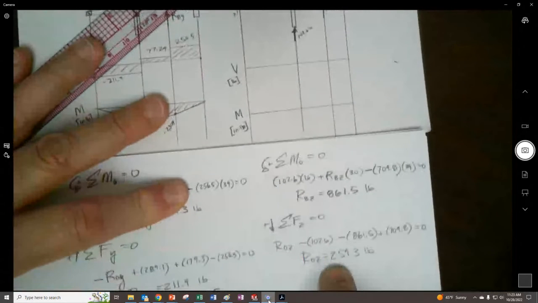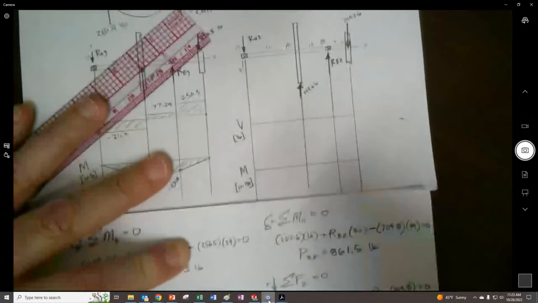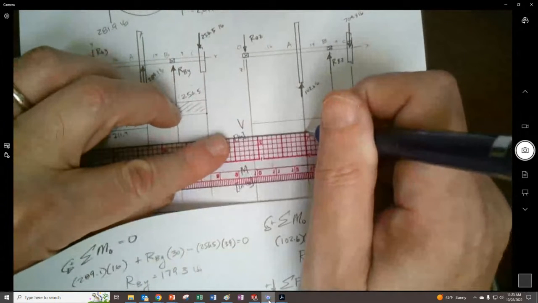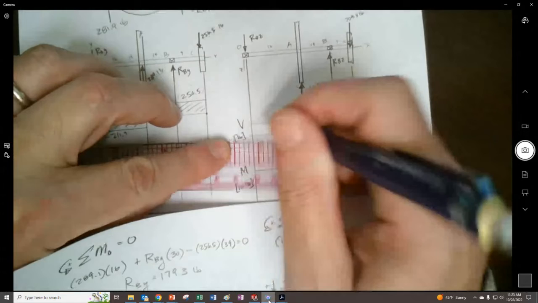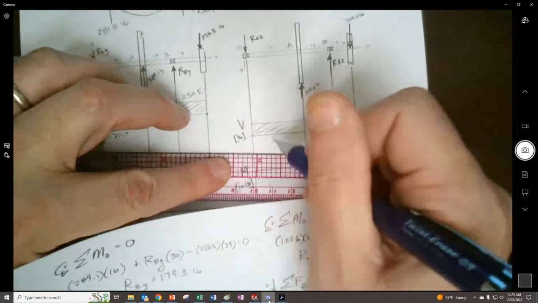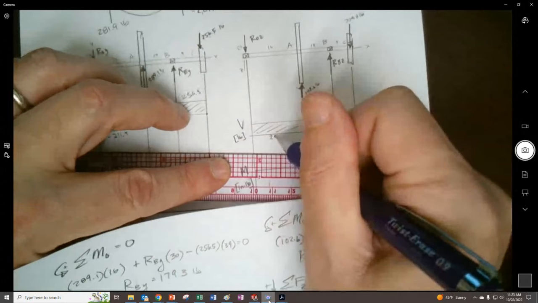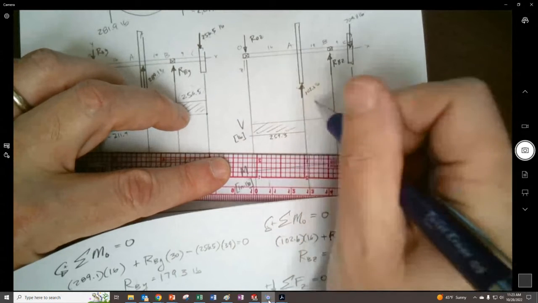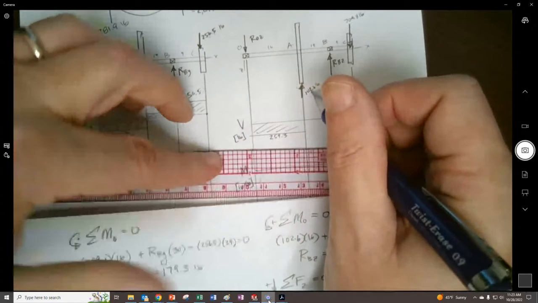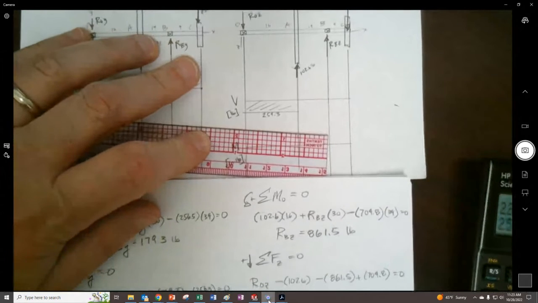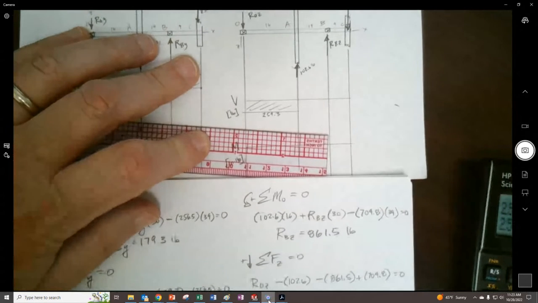Same thing, do the same thing over here, where we take our 259.3, and it's coming downwards. So this is actually positive in the downwards direction, so 259.3. And then we're going to come up, but not much. Well, just maybe a little bit. 259.3 and 102.6.